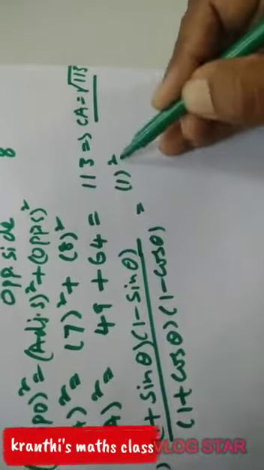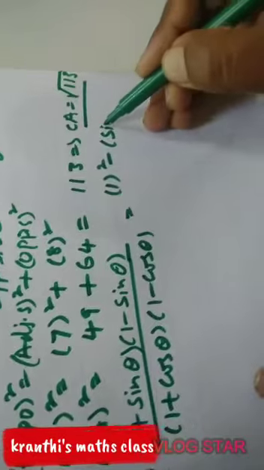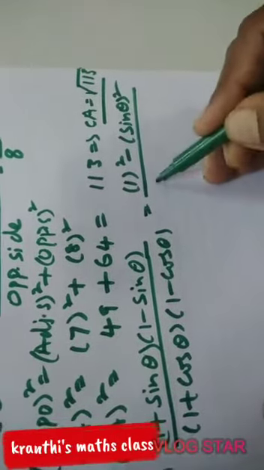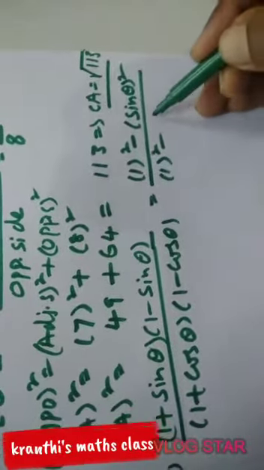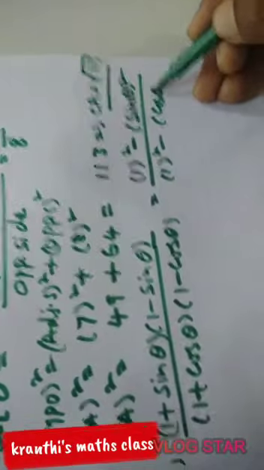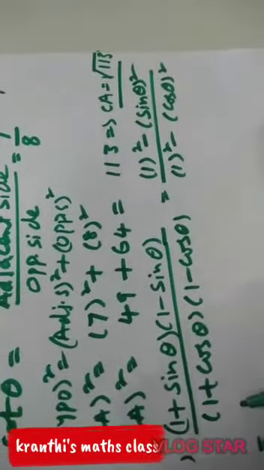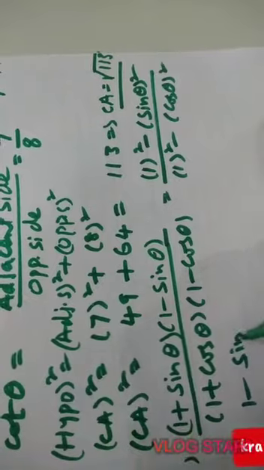A square means 1 square, b square means sin theta whole square. The same way, a square 1 square, b square cos theta whole square. So it is nothing but 1 minus sin square theta by 1 minus cos square theta.